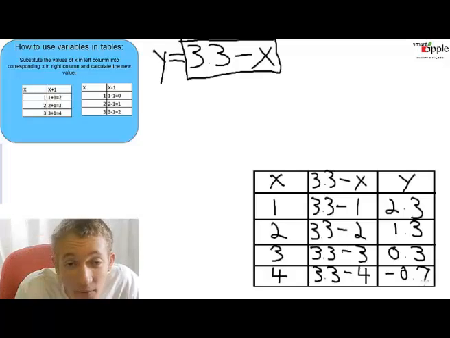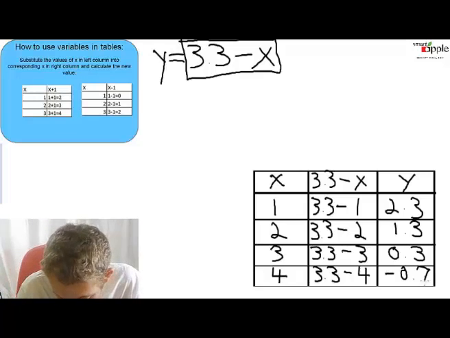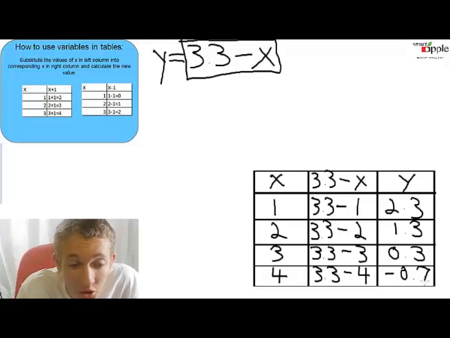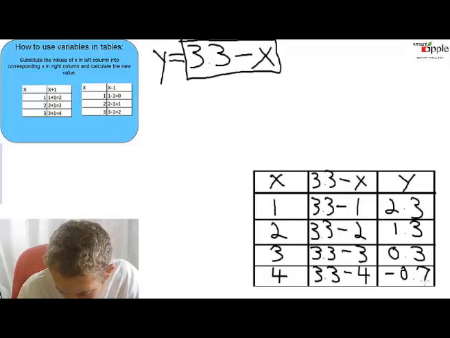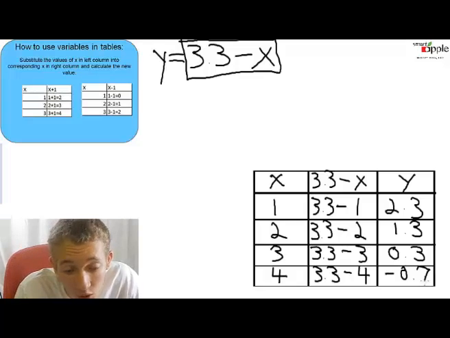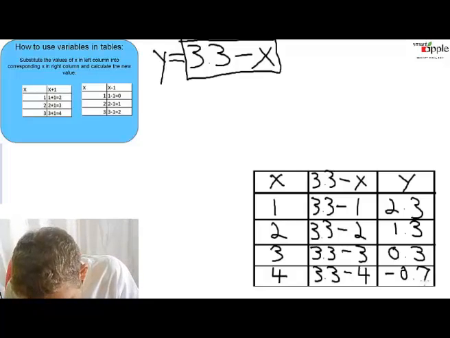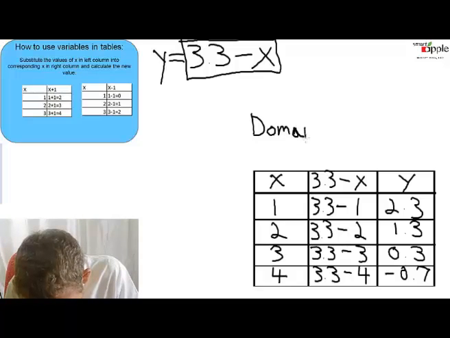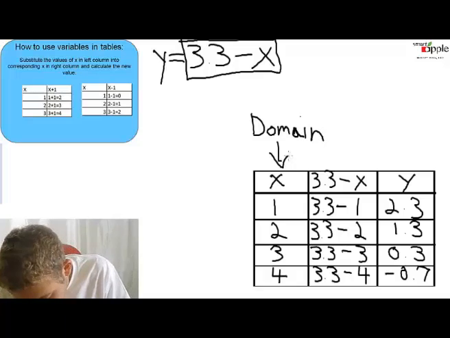Now the second half, they want to know what the domain and the range of the table is. So we have to figure out which column is the domain and which column is the range. The left side, your x, is going to be your domain column. And the right side, your y, is going to be your range.